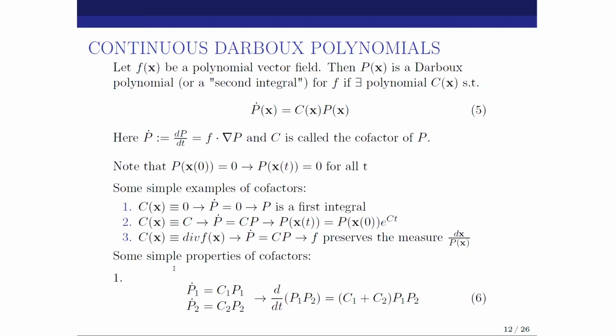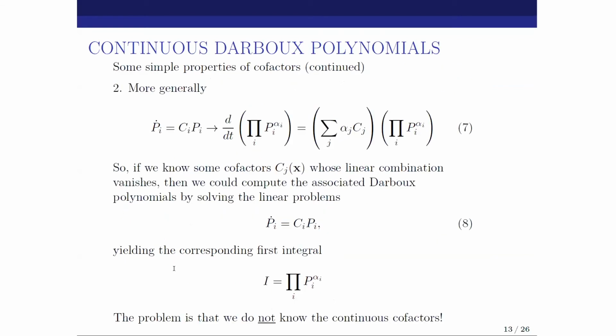let's first go to the next slide. So here we have the generalization of that. Let's say we have n double polynomials P_i for i from 1 to n, each with a different cofactor.